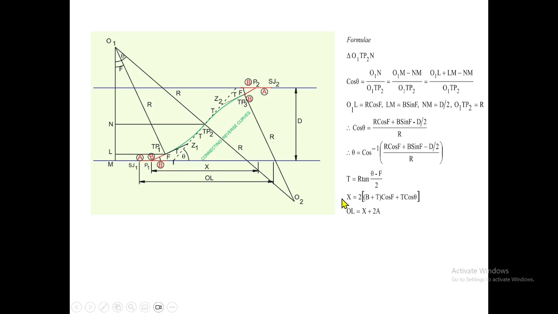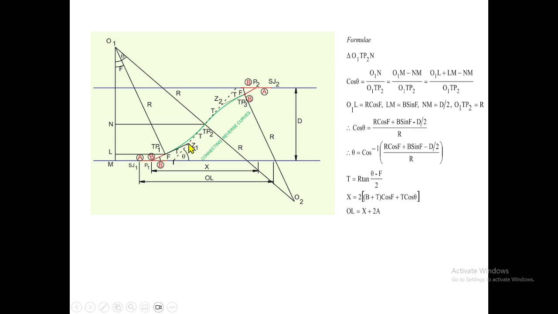Then x, if you want to find the horizontal distance, again we go for making triangles and finding the horizontal distances up to the point of intersection. This point of intersection is the x. In this triangle, how much? This is b plus t cos f, and here again t cos theta.